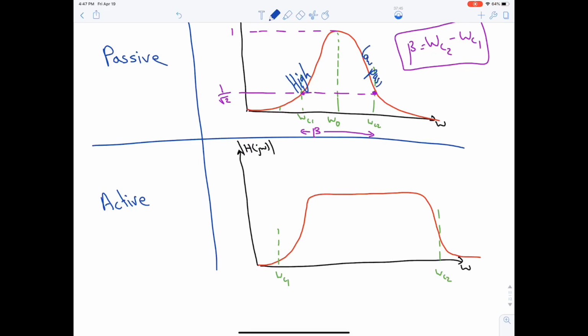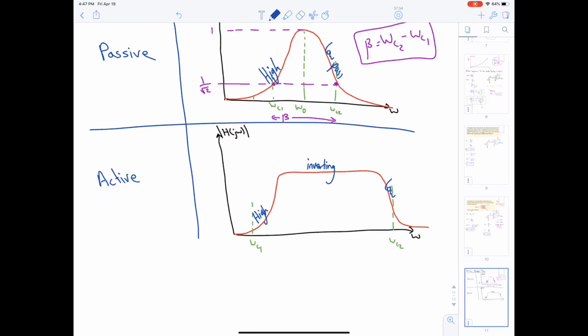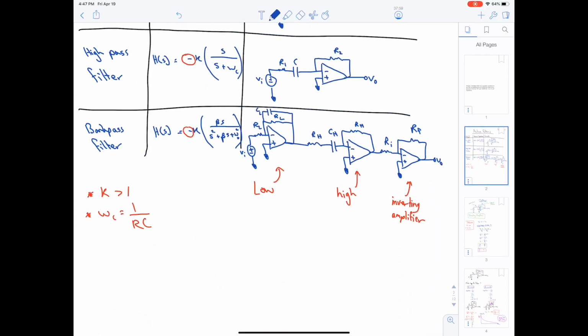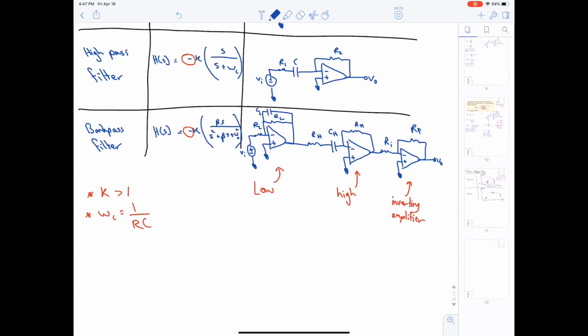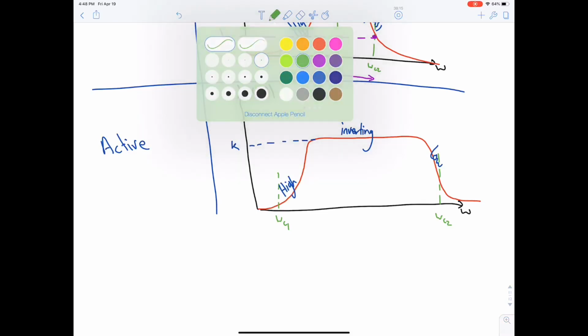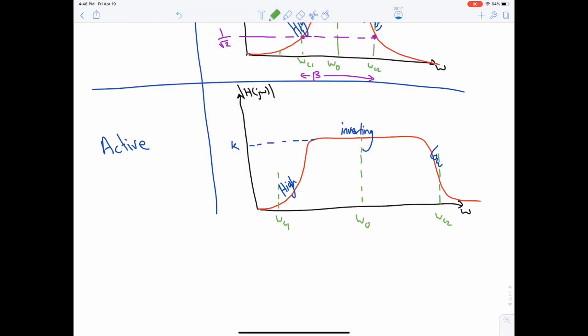Here we have the same thing also. This is the high part of the band pass, this is the low, and this is the inverting. If you remember, for the active band pass there are three components: a low, a high, and an inverting amplifier. Now the inverting is the one that will give us the gain. This is actually the gain. And in the center, we have the center frequency, omega naught.